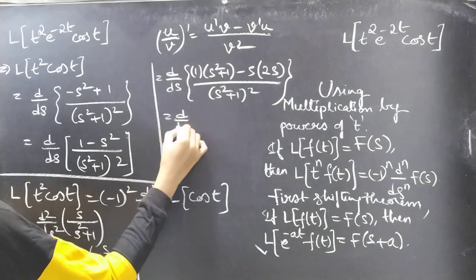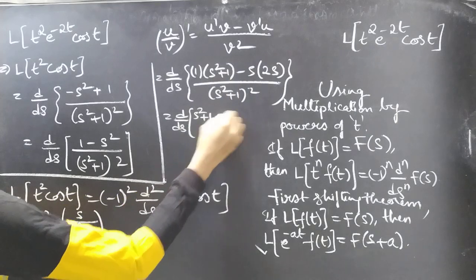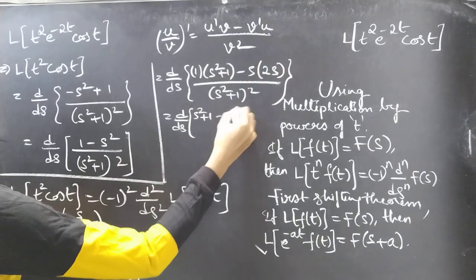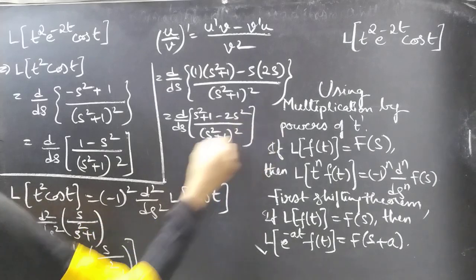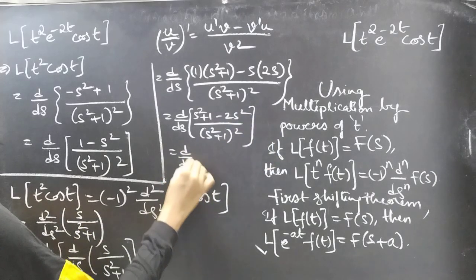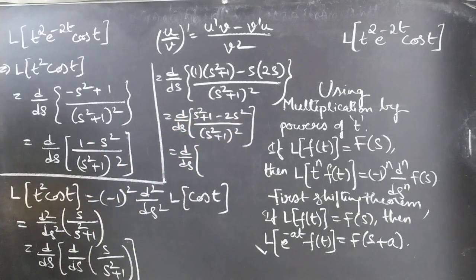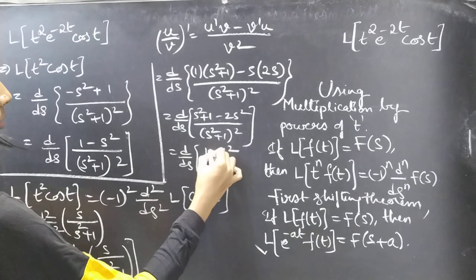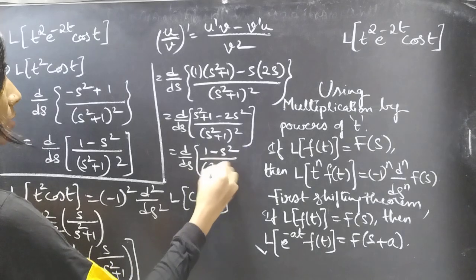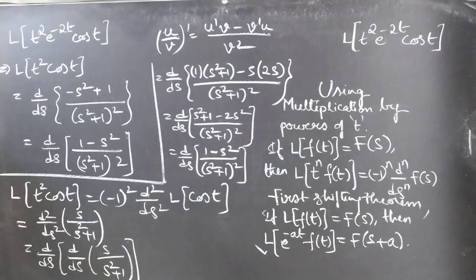This equals d by ds of 1 into s square plus 1 is s square plus 1, minus s into 2s is 2s square, by s square plus 1 whole square, right? This gives us d by ds of s square plus 1 minus 2s square, which is minus s square, so you'll get 1 minus s square by s square plus 1 whole square. You'll get the same thing, right?